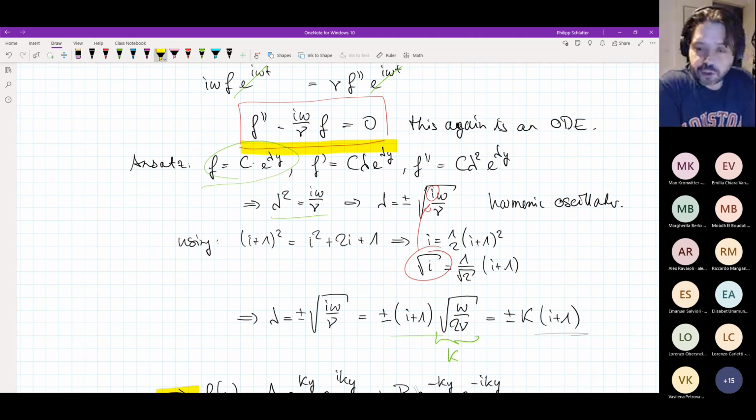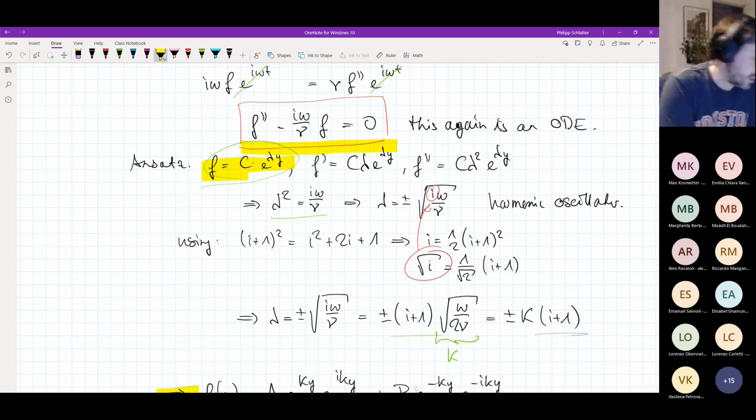Now we realize at this point that this is an ODE with constant coefficients, because i omega divided by nu, that's a constant. It's not a function of the solution. So that means we essentially can make an ansatz in this form here. So this f is c times e to the lambda times y.